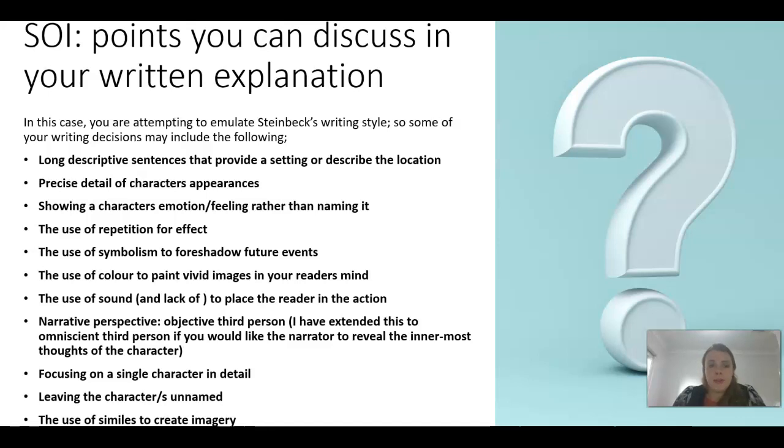Steinbeck uses repetition for effect. He uses symbolism to foreshadow future events. He uses colour to paint vivid images in the reader's mind. He uses sound, sometimes a lack of sound, to place the reader in the middle of the action. He has used objective third person.